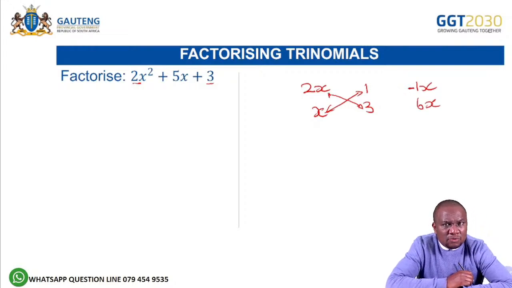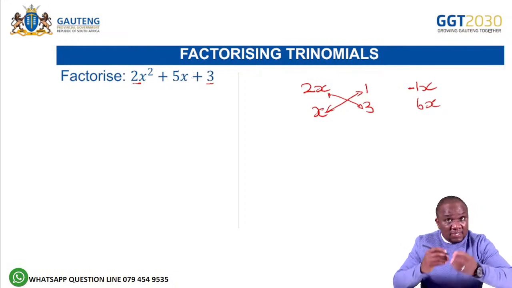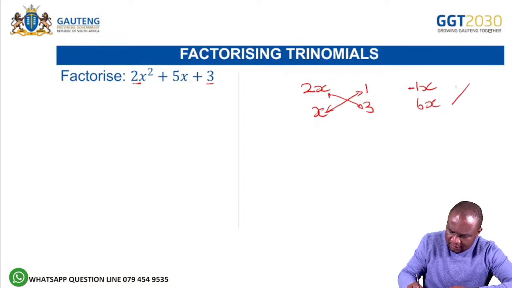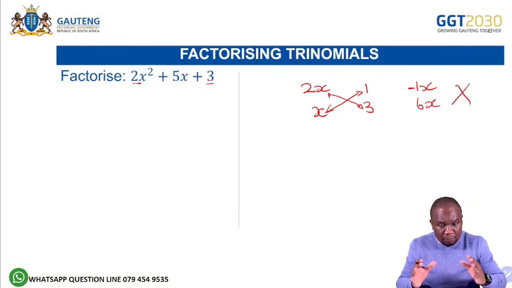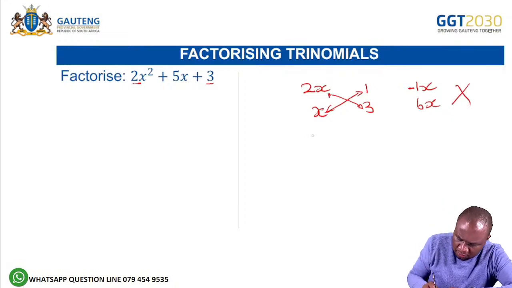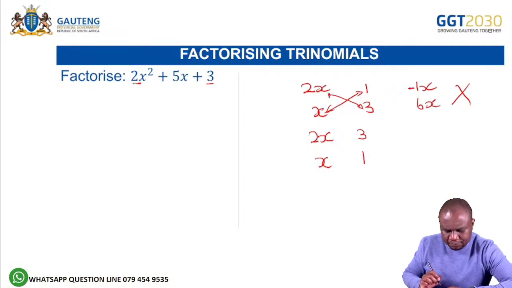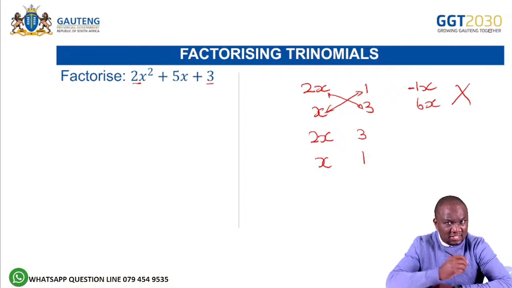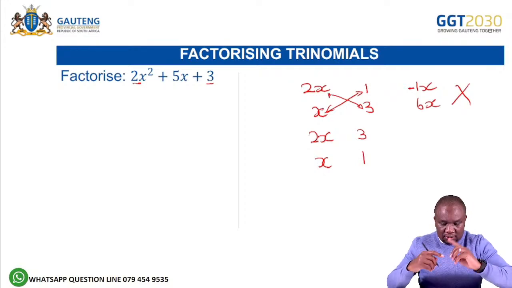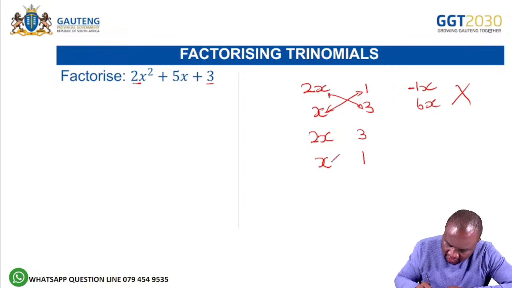But negative x won't work because if we multiply them, we must get positive 3. Okay, let me swap these things around. This one won't work. It happens. Don't panic, okay? Right, so we go to 2x and then x, and then let me say 3 and 1. You see that I just changed 1, 3 to 3 and 1, and then I multiply x times 3.